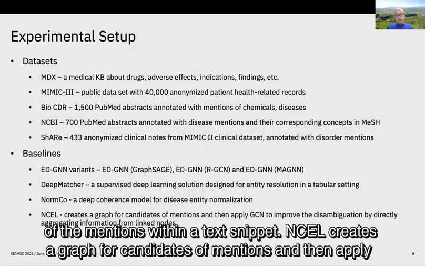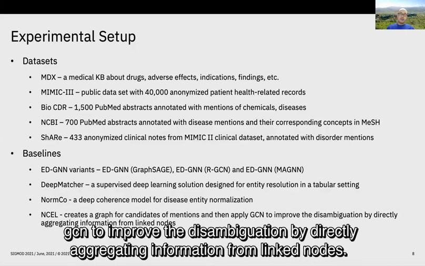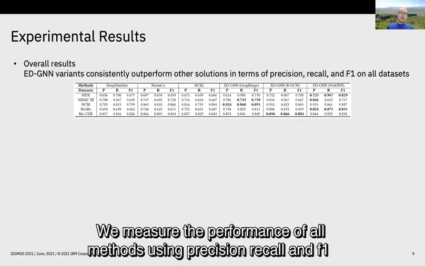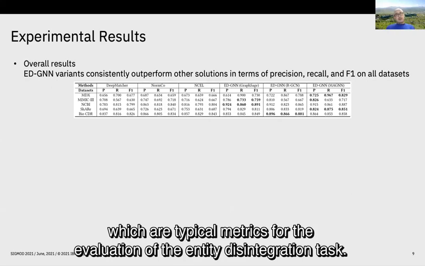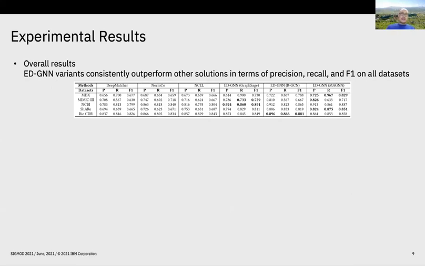NCEL creates a graph for candidates of mentions and then applies GCN to improve the disambiguation by directly aggregating information from linked nodes. We measure the performance of all methods using precision, recall, and F1, which are typical metrics for the evaluation of the entity disambiguation task.